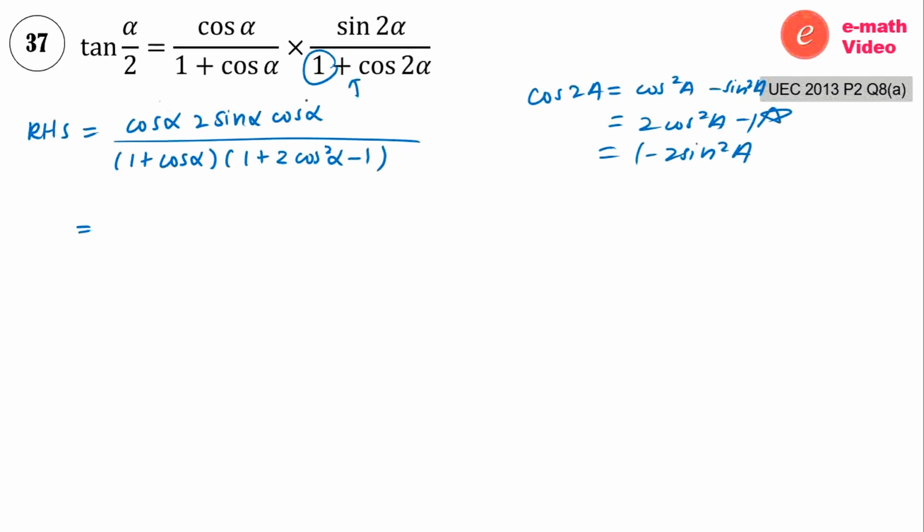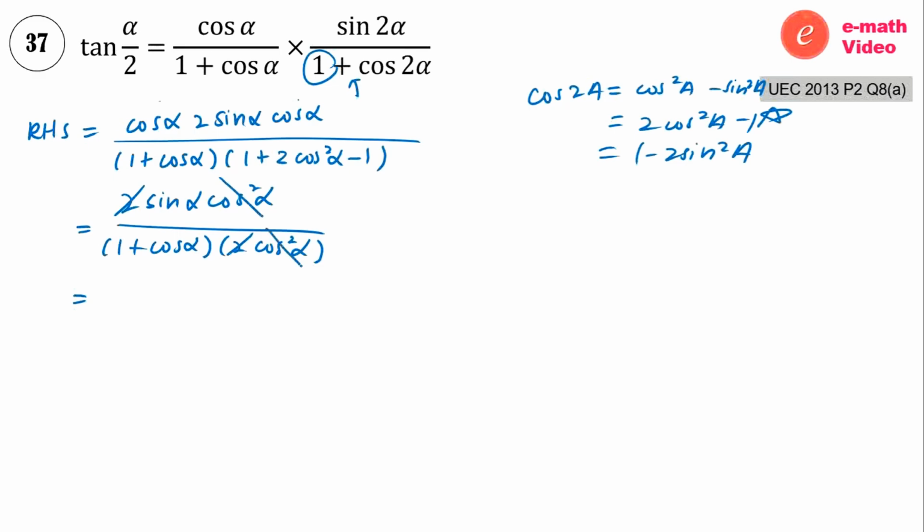This cos and this cos multiply together, we will have a cos square alpha over 1 plus cos alpha times 1 minus 1 becomes nothing, 2 cos square alpha. As you can see, this 2 and this 2 can cancel. This cos square and this cos square can cancel. We end up having sin alpha over 1 plus cos alpha.